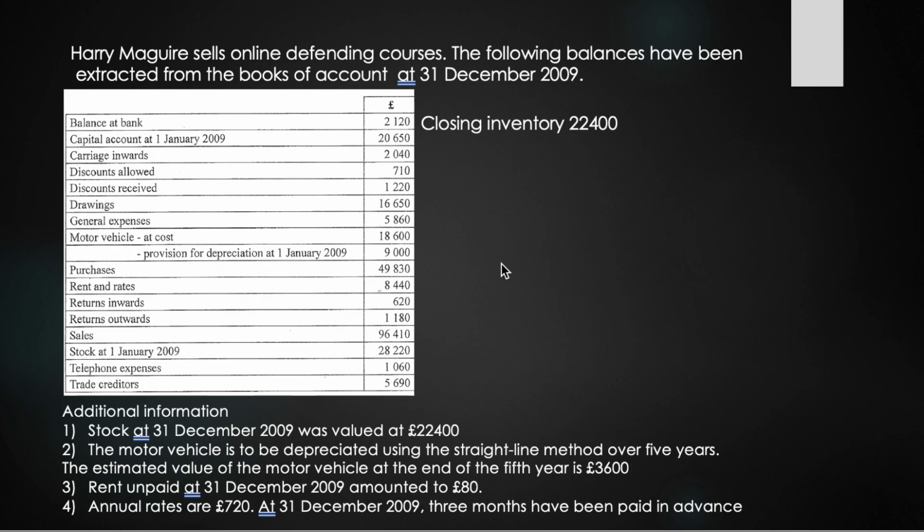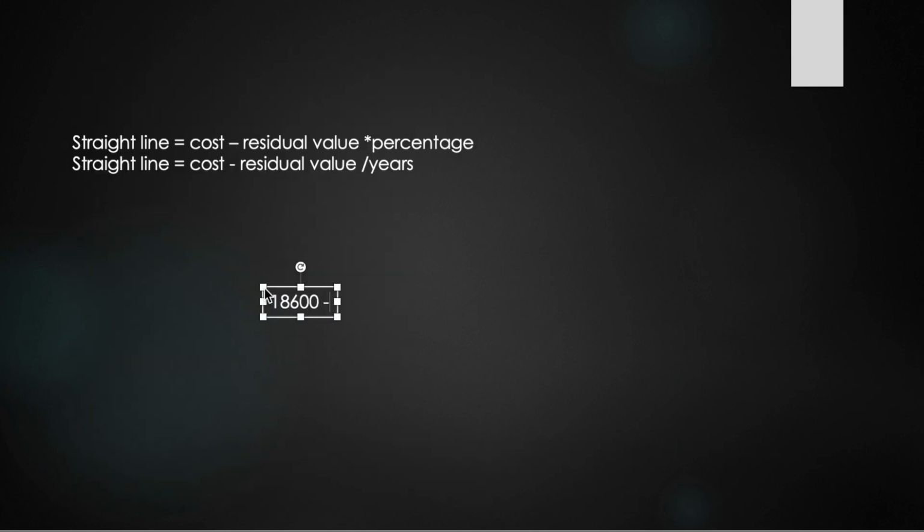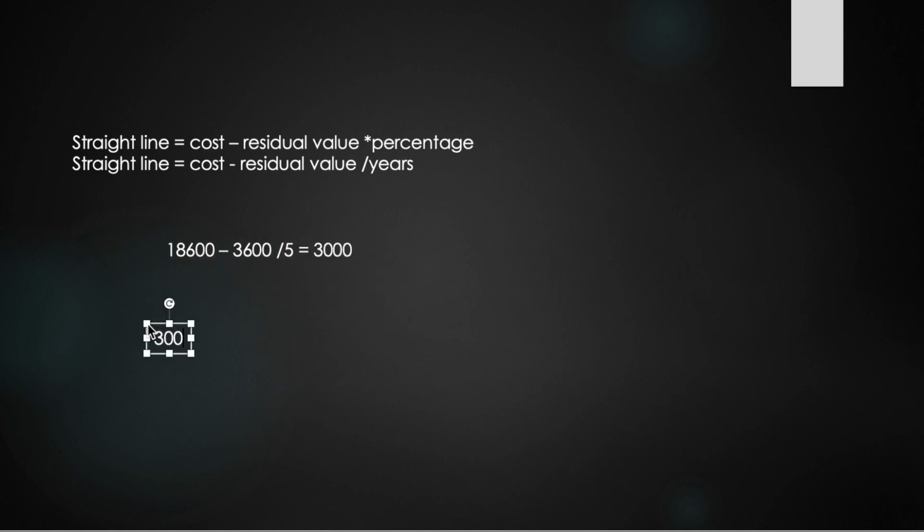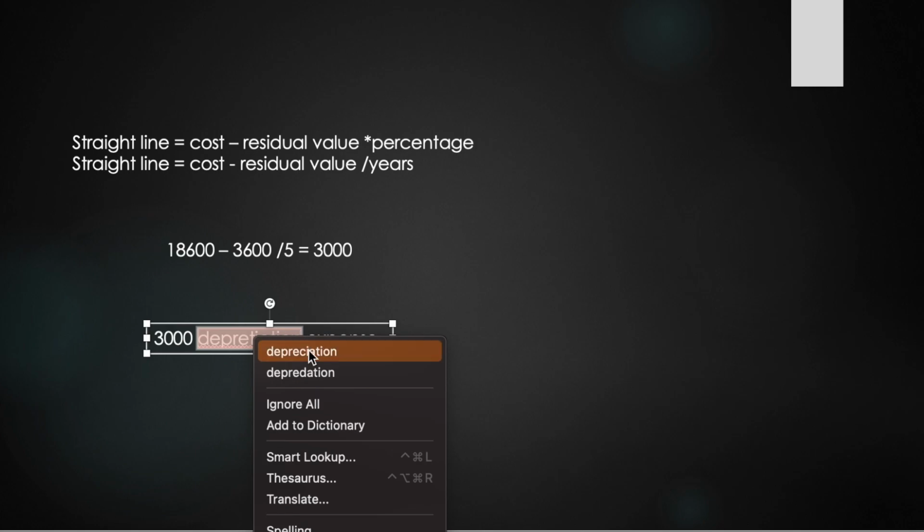So what we do is we look at the balances. We have our cost, which is 18,600. We do 18,600 minus the residual value, which is 3,600, over, meaning divided by 5 years. And that should give you 3,000. So this 3,000 is depreciation expense. This depreciation expense goes into the income statement.